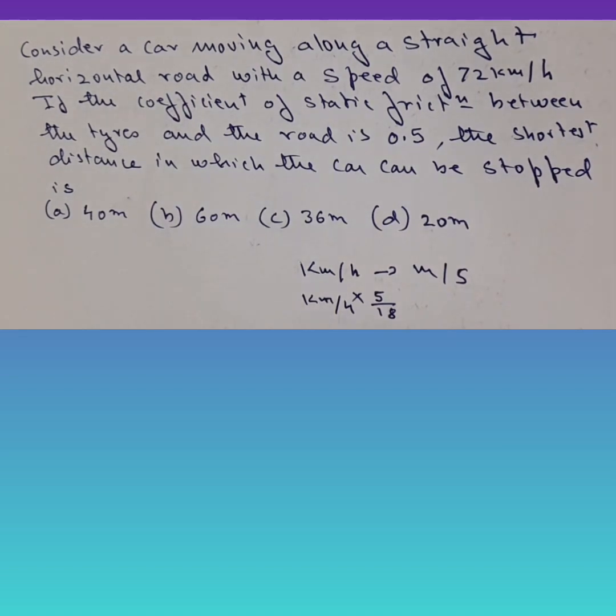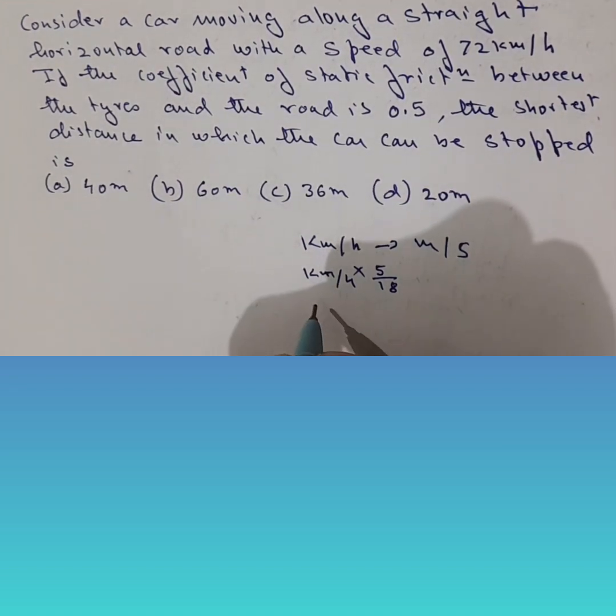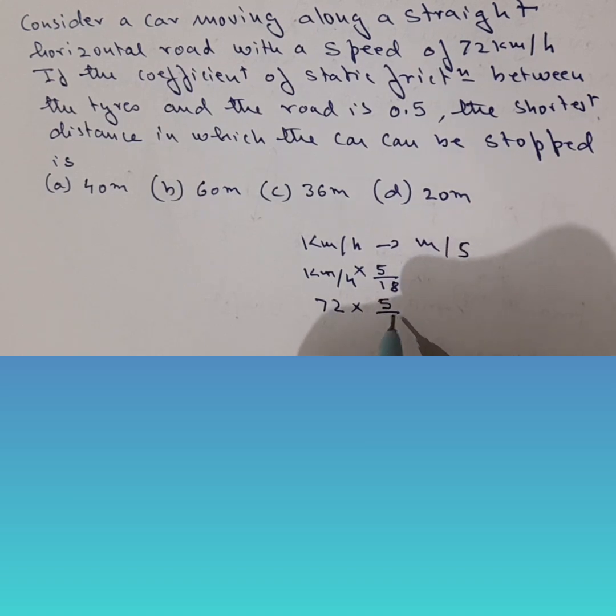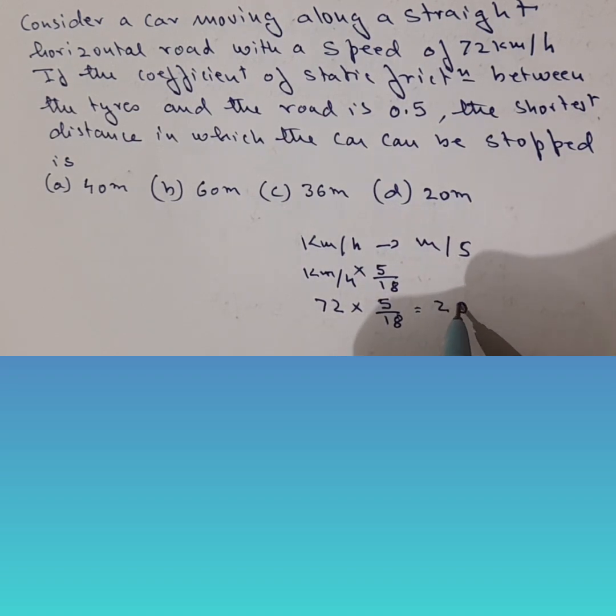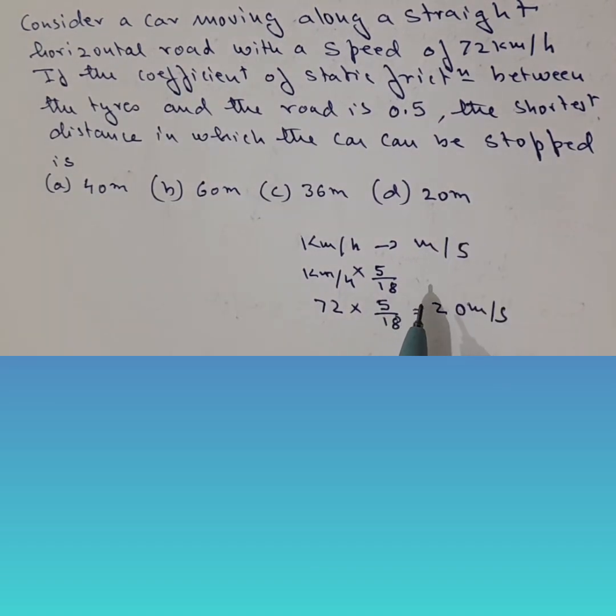For example, here it is 72 kilometers per hour, so 72 into 5 by 18. We know 18 4s are 72 and 4 5s are 20, so it would be 20 meters per second. So this conversion factor has to be kept in mind.